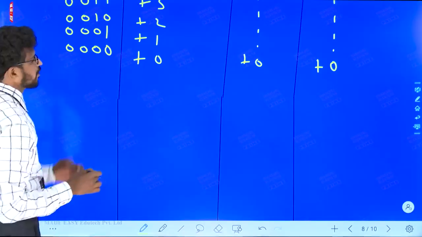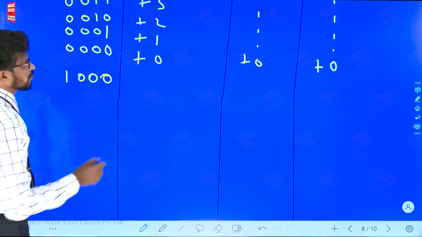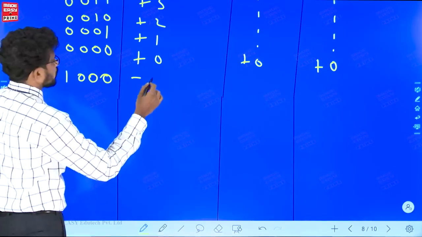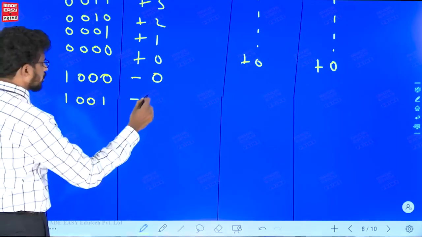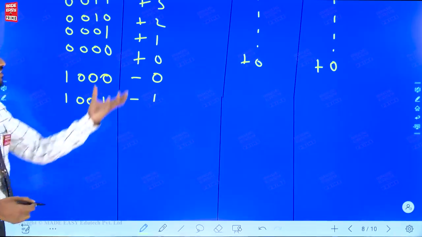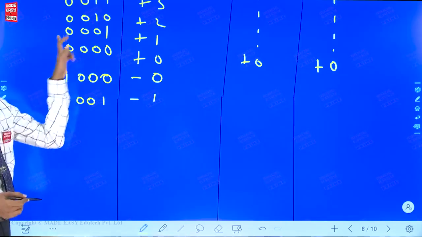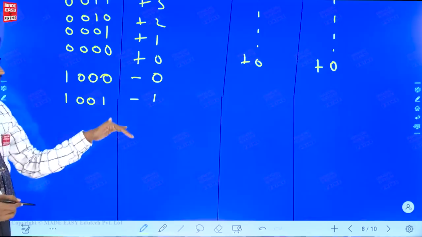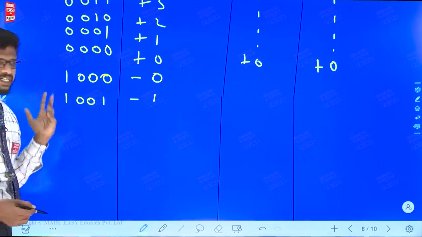Observe here, say I am taking 1 0 0 0. This is minus 0. 1 0 0 1 is minus 1. Sign numbers are very easy. How do you represent the sign and magnitude method? Sign bit 0 is a positive value. In the same case, if you want negative, write the 3 bits the same and the sign bit should be 1. That is enough.